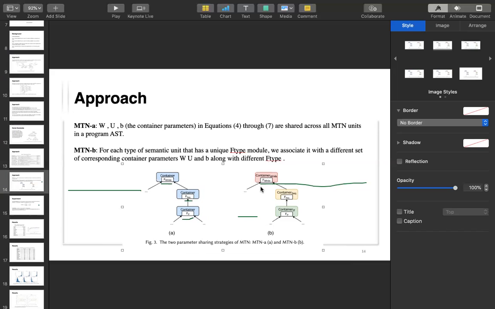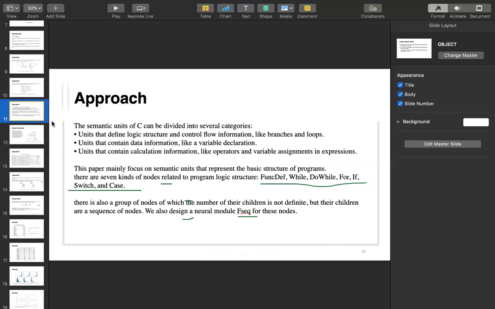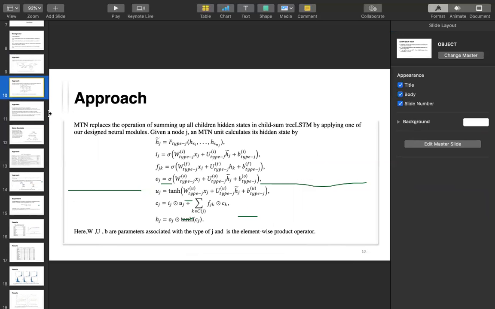Can you go back to maybe slide 12? Yeah, sure. For these slides, maybe slide 10, sorry. So here, there are 2 approaches. As I understand, given a node and its type, different types will share different weights, W, U, and B, etc., right?